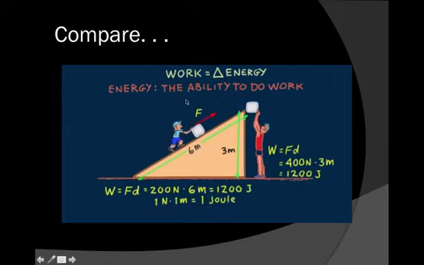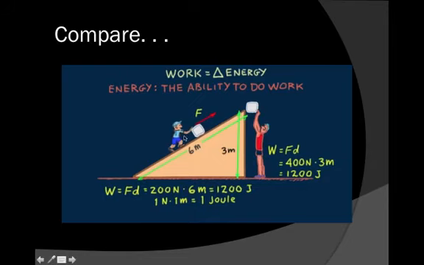So this man is going to be lifting this block at a displacement of 3 meters. So his distance is 3 meters. It's going to take him 400 newtons to apply a force to lift this block. So taking our force times the displacement, both in the same direction, therefore positive, we get 1,200 joules of work. Or 1,200 joules is the change in energy.